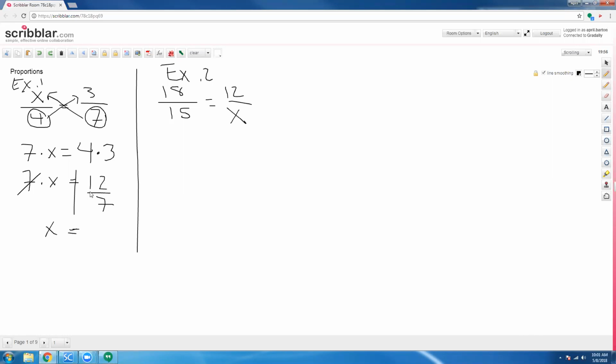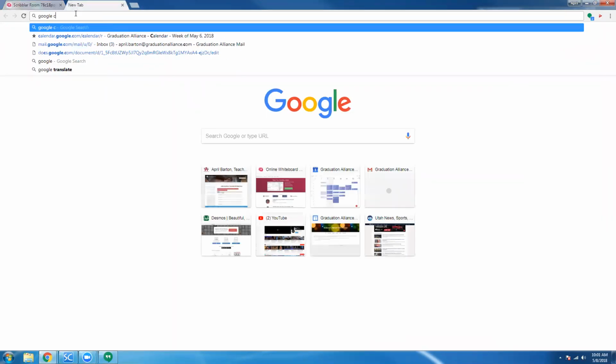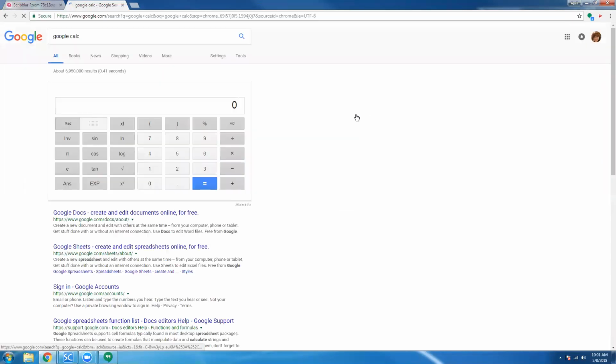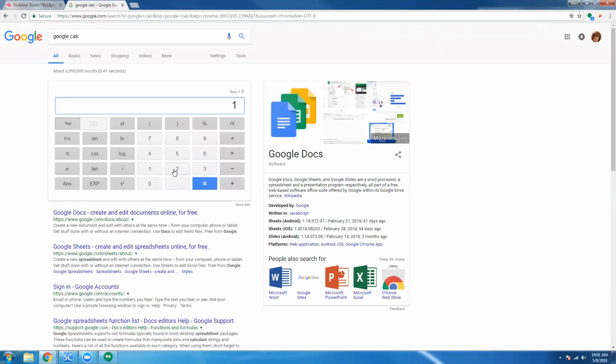So 12 divided by 7, most likely they'll give you the decimal version of this. This is not going to come out nice. So we want to pull up a calculator. And 12 over 7 is really 12 divided by 7, which is 1.71.